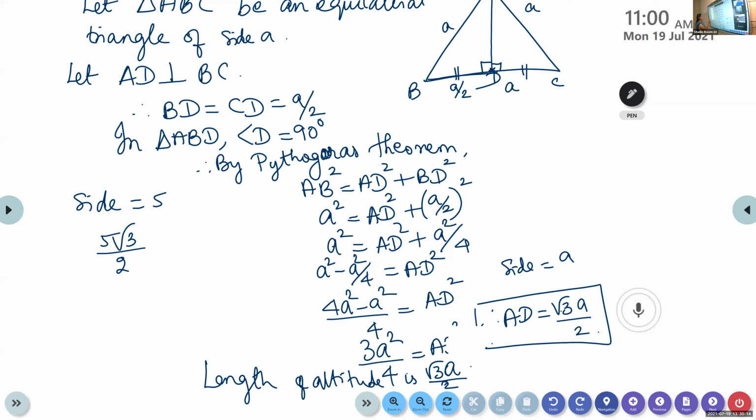If the side is 4, what is the answer? What is the length of the altitude?